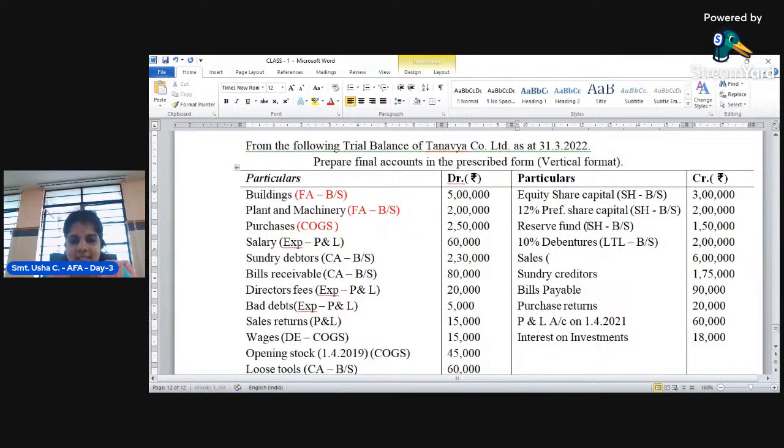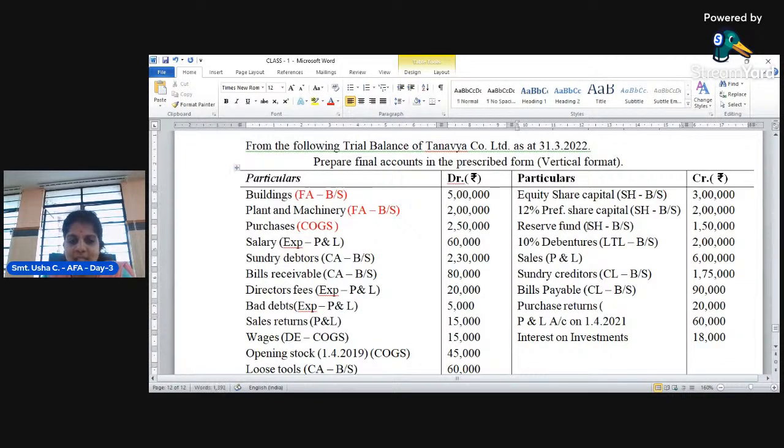Next, sales. Sales is an income, right? And it will be taken under profit and loss account statement. Next is sundry creditors. It is a current liability and it will be shown in the balance sheet. Next, bills payable. Bills payable is also a current liability which will be shown in the balance sheet.